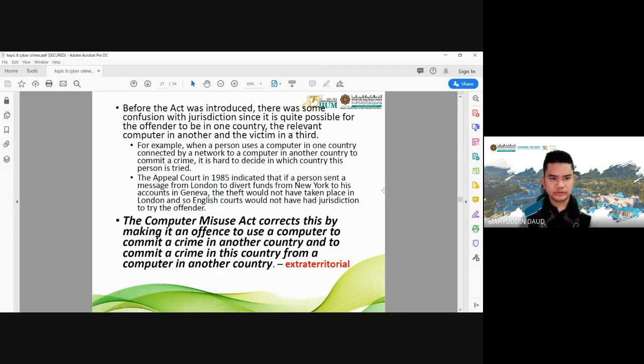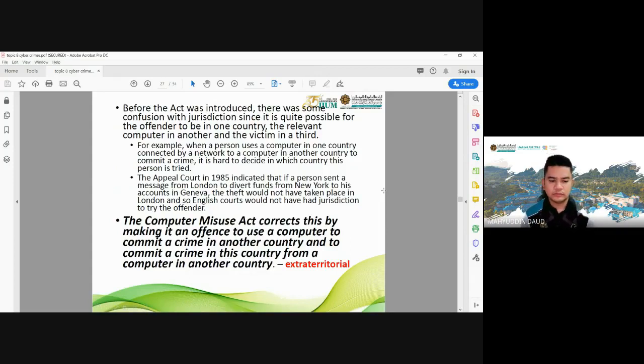Before the act was introduced, there was also some confusion on the question of jurisdiction, and on whether it is possible for the offender in a hacking case to be in one country, and the victim computer to be in a different country.